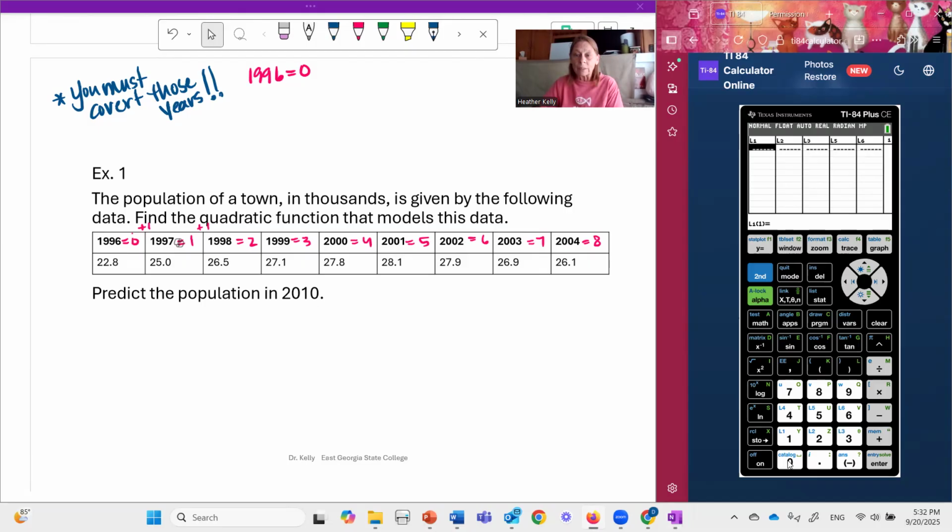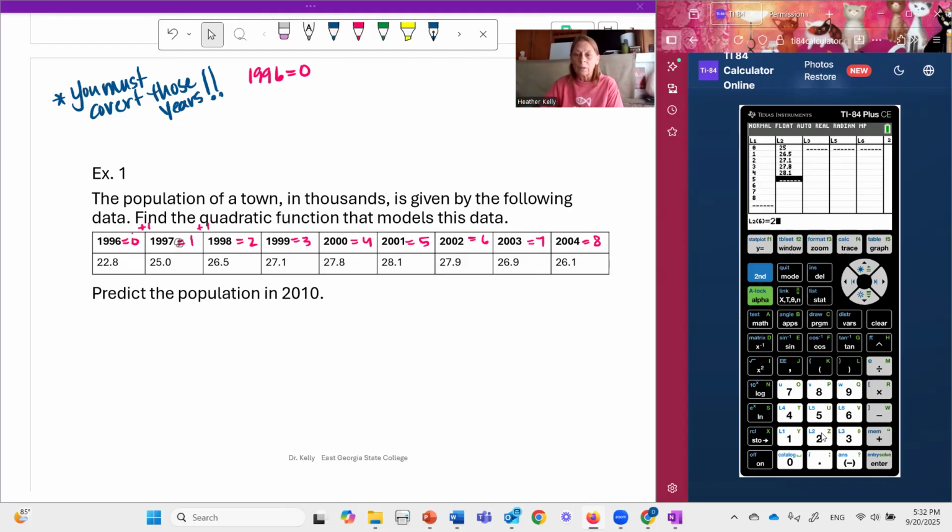Here we're going to have 0, 1, 2, 3, 4, 5, 6, 7, 8. And then on our second list, we're going to have 25, 26.5, 27.1, 27.8. If we were in the classroom together, I'd be asking you to call them out to me so I wouldn't awkwardly be looking back and forth.